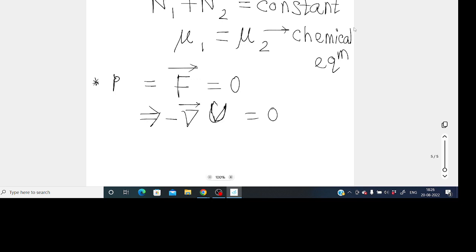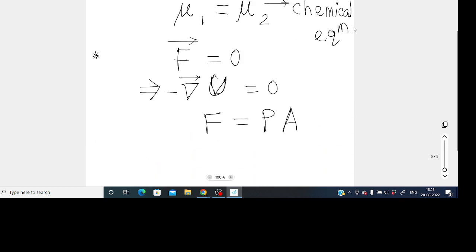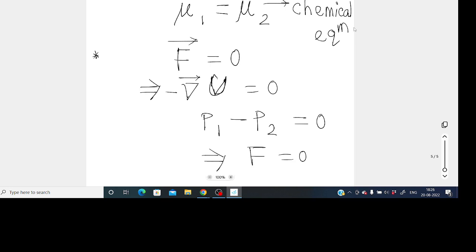The magnitude of the force is equal to pressure times area. So the net pressure is 0. I mean here you have P1 equal to P2. So this means net force is 0.